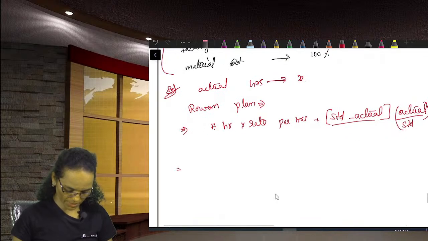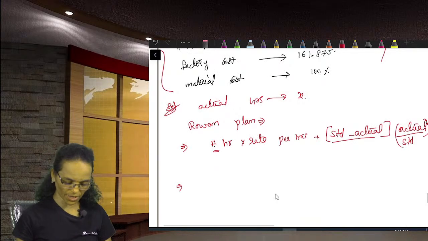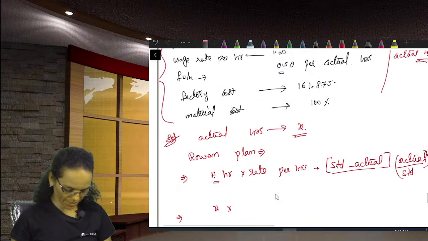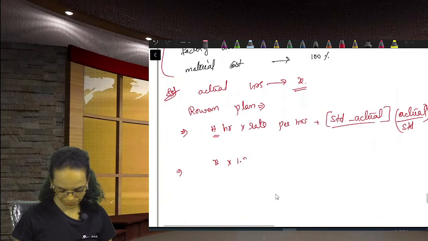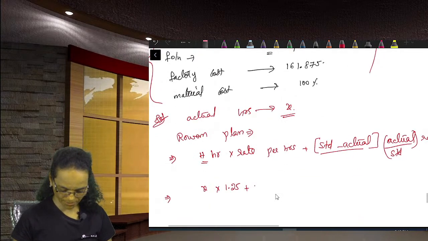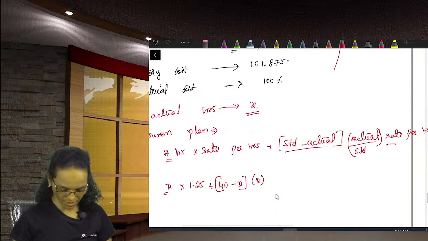Actual hours we have assumed X, into rate per hour, which is given as 1.25, plus standard hours 40 minus actual hours X, into rate per hour 1.25.